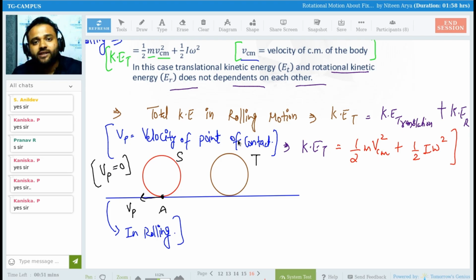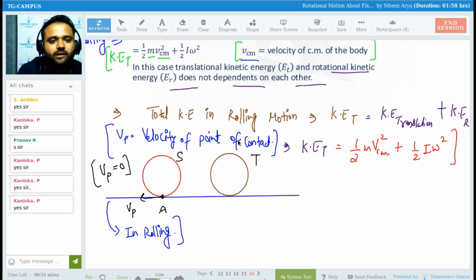That is only rotational motion there, and the wheel and the tire are going to start spinning. Clear now, everyone? So in spinning, V_P is not 0.